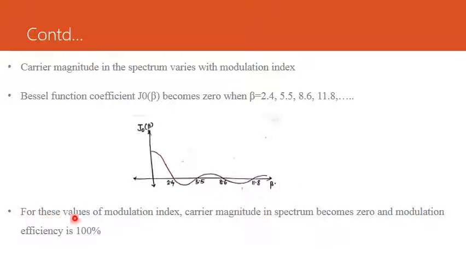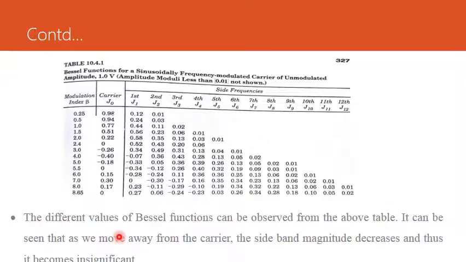For these values of modulation index the carrier magnitude in the spectrum becomes 0 and the modulation efficiency reaches 100%.